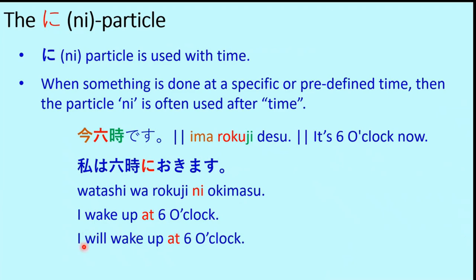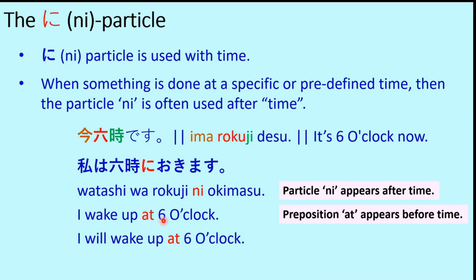So it can have the meaning I will wake up at 6 o'clock as well. Now you can notice here this ni particle is used after the time. Rokuji ni, that means at 6 o'clock. So in English, the preposition at appears before the time, but in Japanese, the particle ni appears after the time. So this is a very important observation.